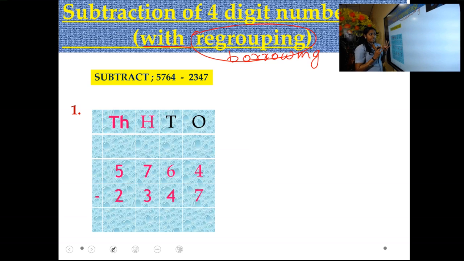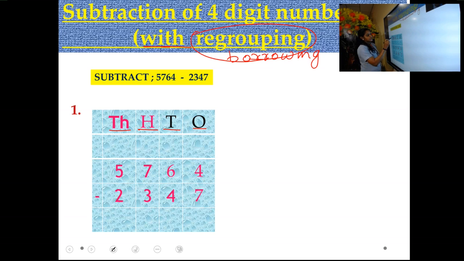We already know the places of 4 digits: ones, tens, hundreds and thousands. In the first question, I have already written the ones place, tens place, hundreds place and thousands place. Place-wise you have to write out the numbers.